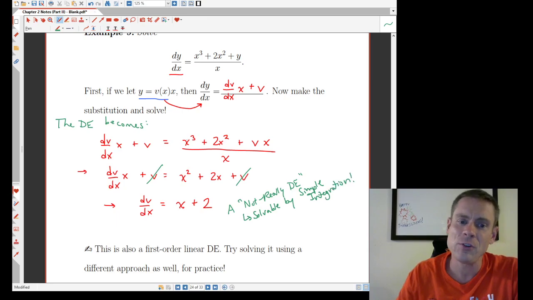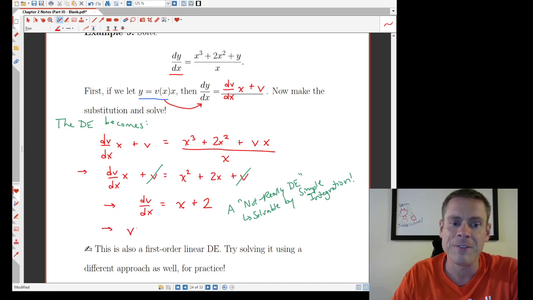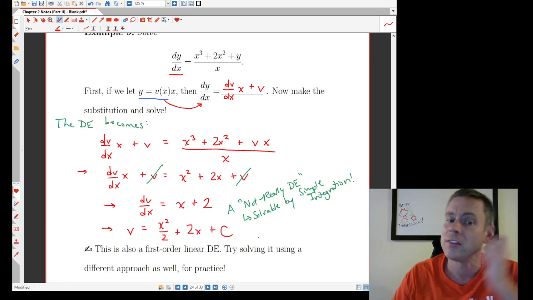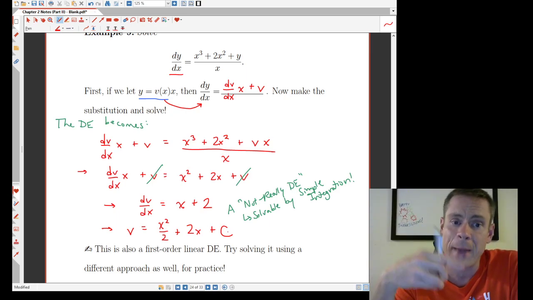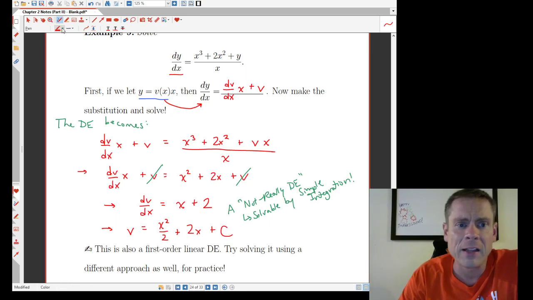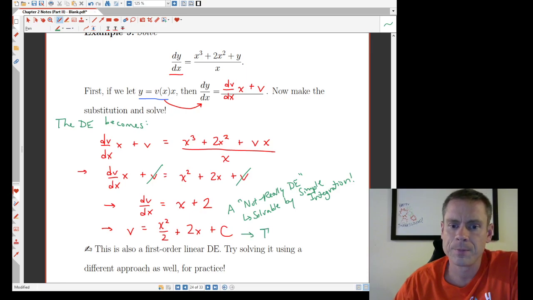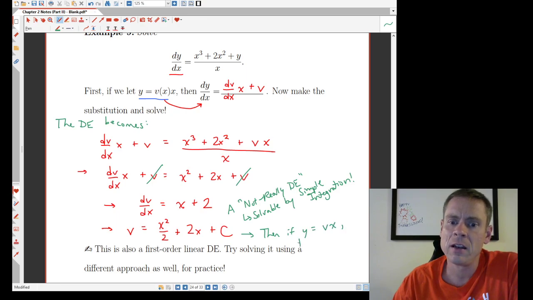See, by making that substitution, we get to something that's much easier to work with. And we get to the answer of v equals the integral of this, x squared over 2 plus 2x, and don't forget your constant that's still in play. But the last step here is going to be to convert back. We had y equals vx. So if y equals vx, then that means that v is equal to y over x.